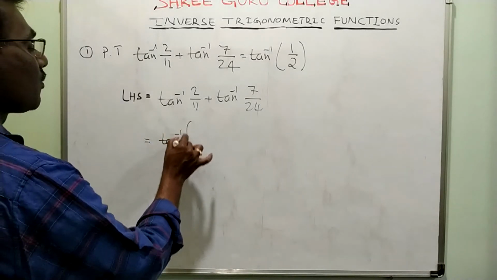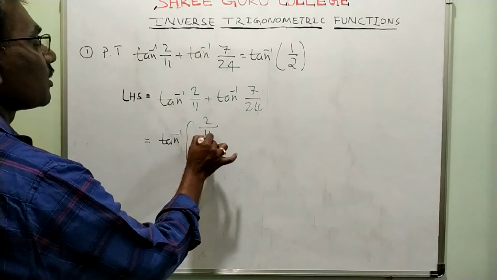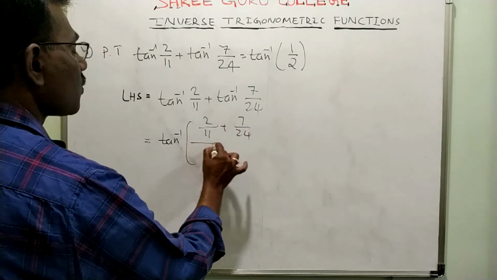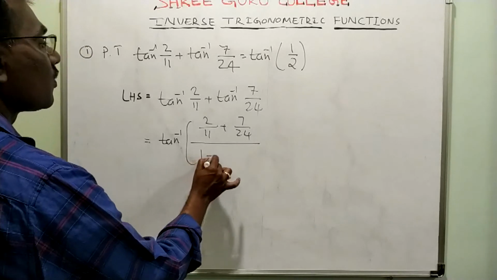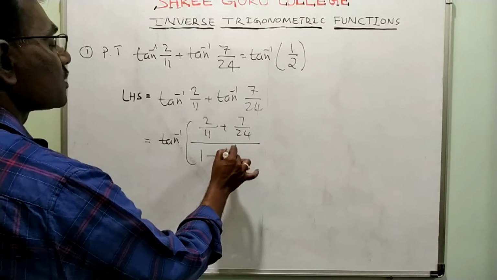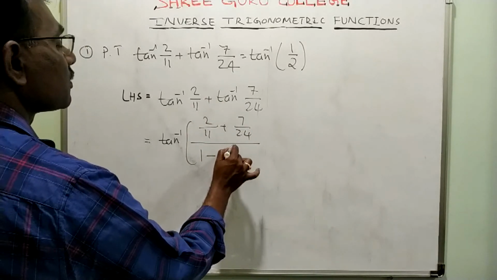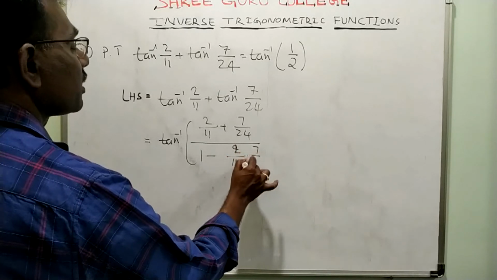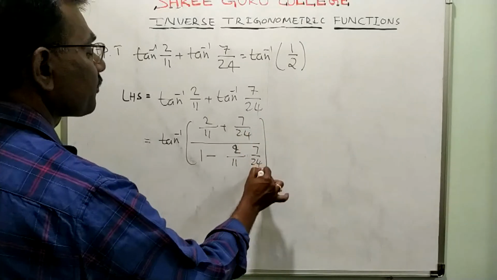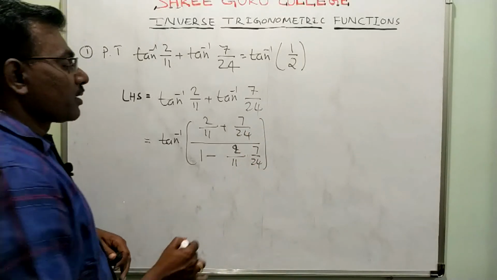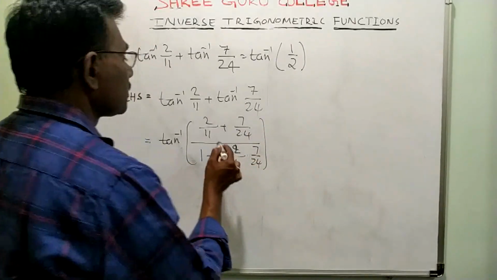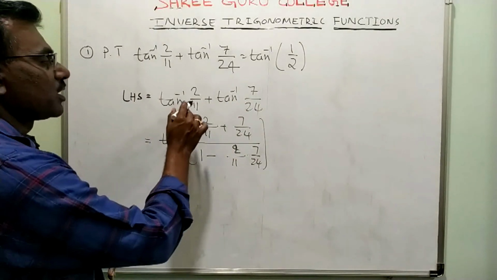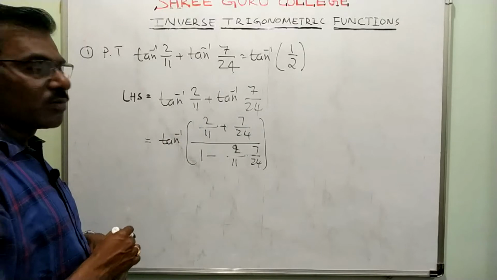So tan inverse of 2 by 11 plus 7 by 24, whole divided by 1 minus 2 by 11 times 7 by 24. Here xy is less than 1, it is given; multiplying these two, it is less than 1.